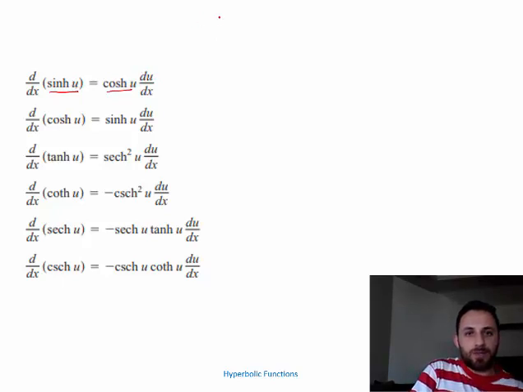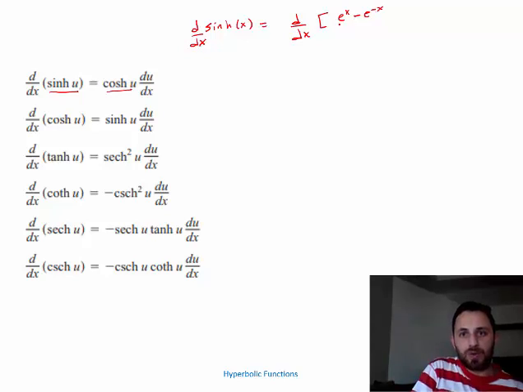Let's say that we want to find the derivative of sinh of x, d by dx. So this would be equal to the derivative of e^x minus e^(-x) over 2. This constant can be moved outside the derivative, so we end up with e^x minus e^(-x) derivative.